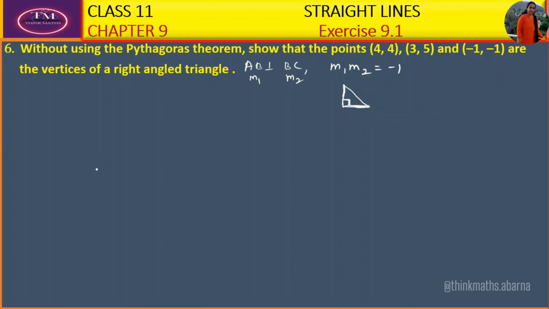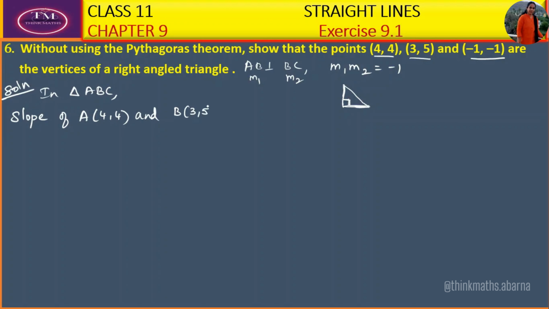Okay. Let us find out all the slopes. So in triangle ABC, slope of AB. So A of 4 comma 4 and B of 3 comma 5.